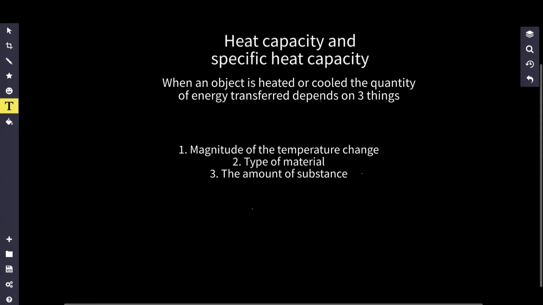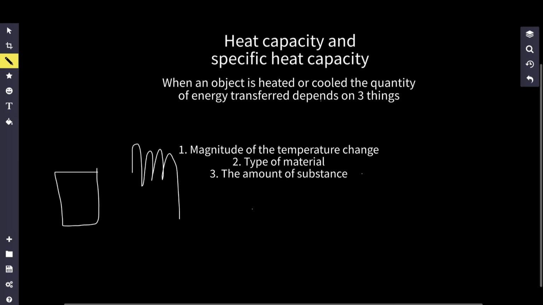If we have this piece of glass versus this metal fork, this metal fork is going to absorb heat faster than this piece of glass. So the type of material affects how much energy is transferred to that object.